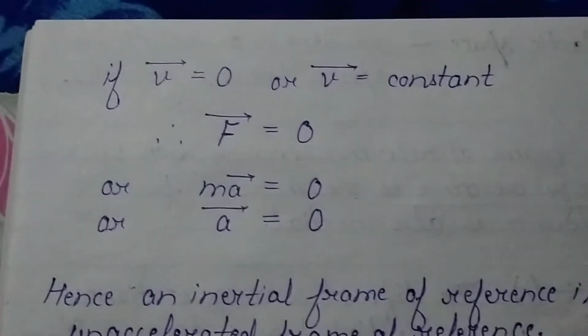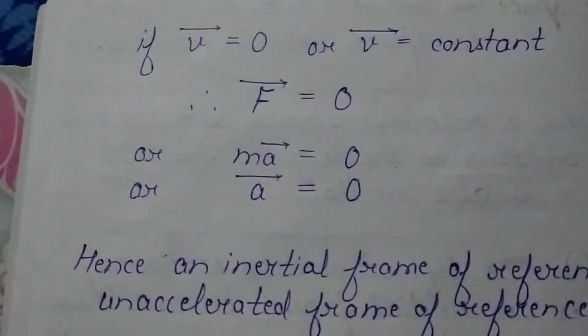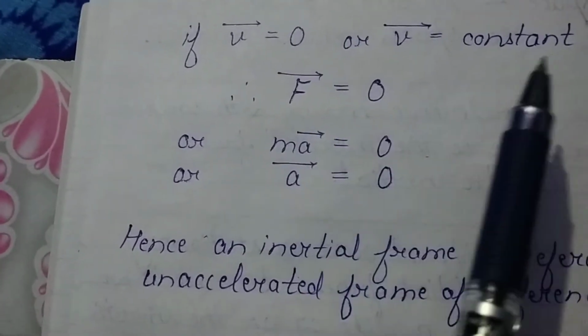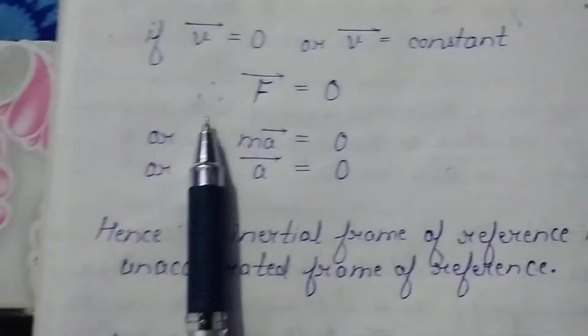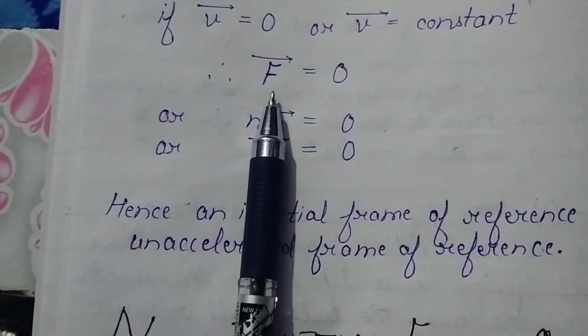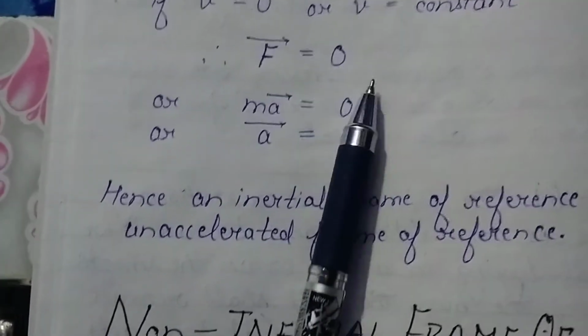If v is equal to 0 or v is equal to constant, then F is equal to 0.